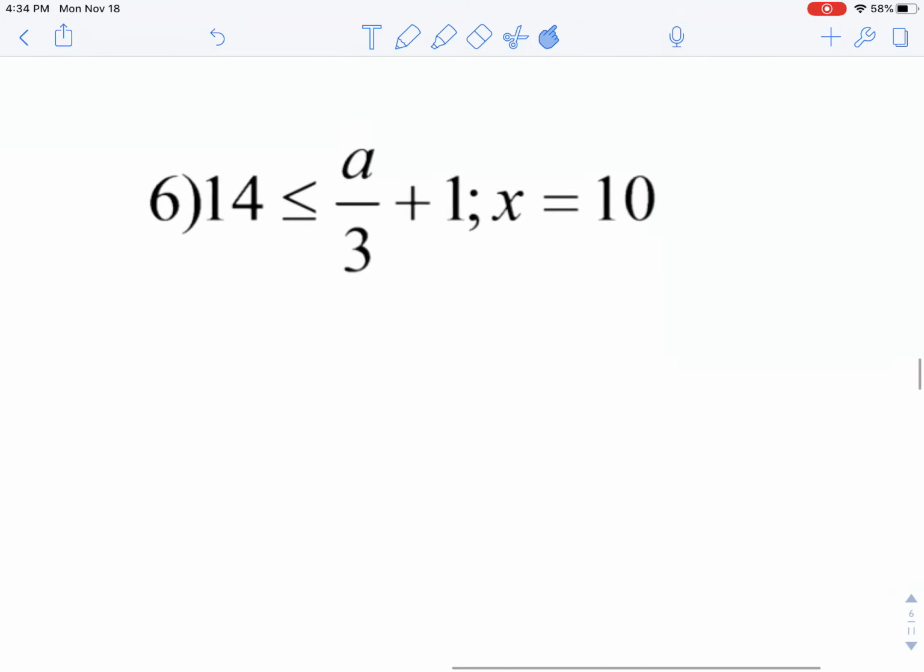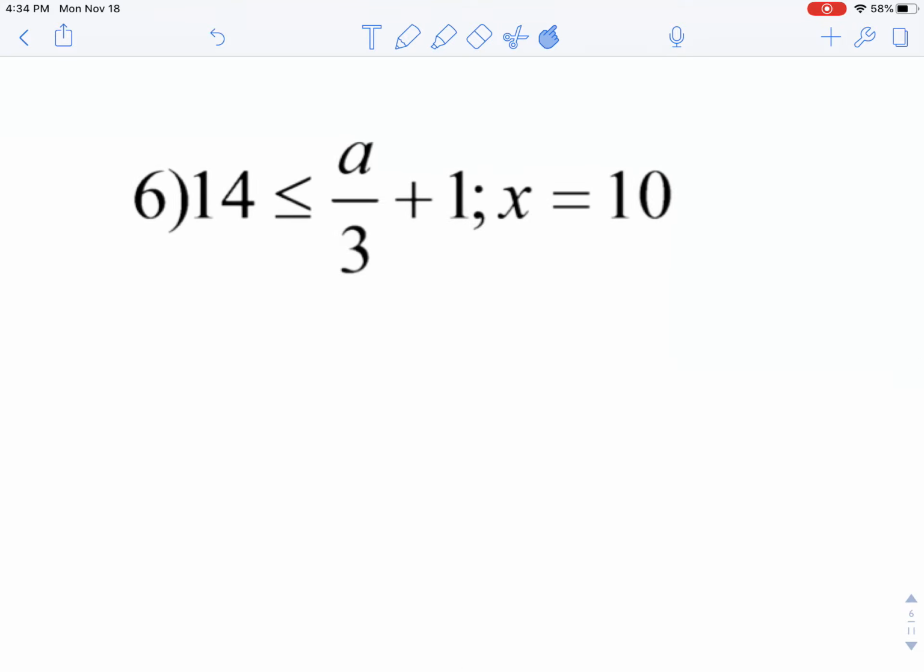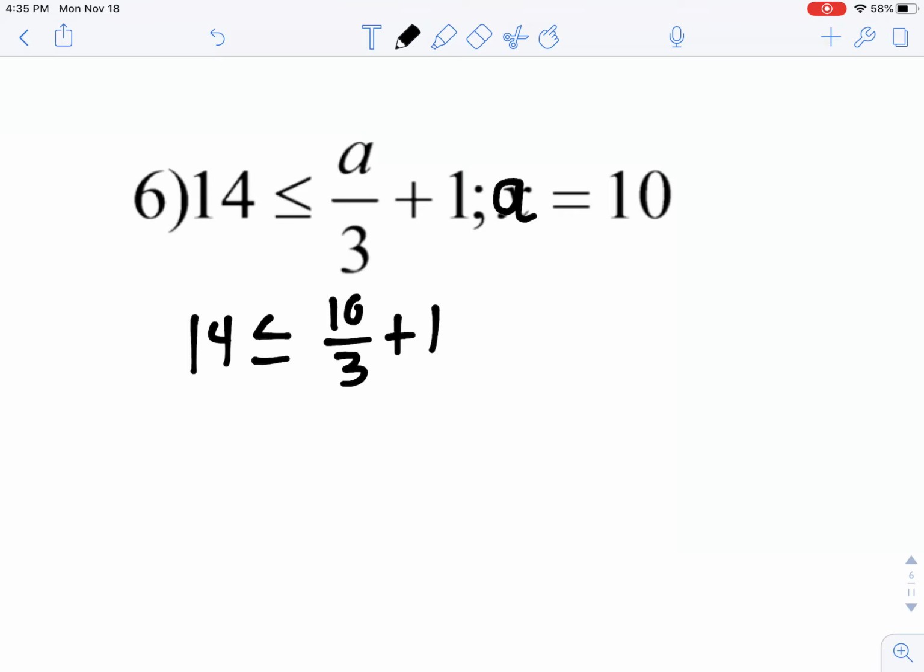For number 6, 14 is less than or equal to a over 3 plus 1 when a is 10. So we're going to do 14 is less than or equal to 10 over 3 plus 1. And we're going to see if this works. So we'll solve this here.